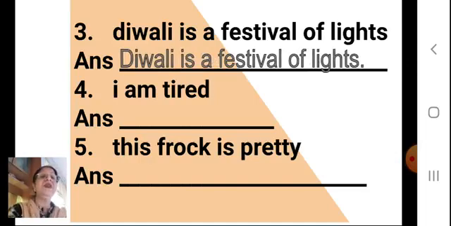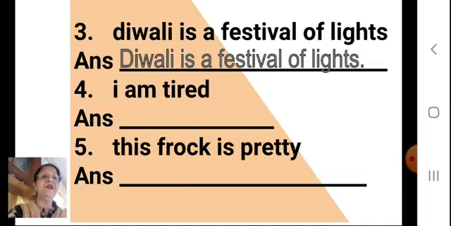Diwali is a festival of lights. So here D has been written in capital letter. Yes, because we have started the sentence. So D has been written in capital letter and we have ended the sentence with a full stop. So after lights, we have to put a full stop.